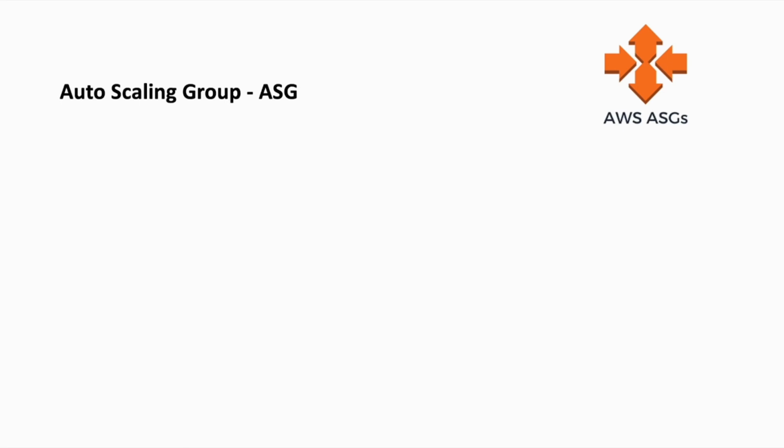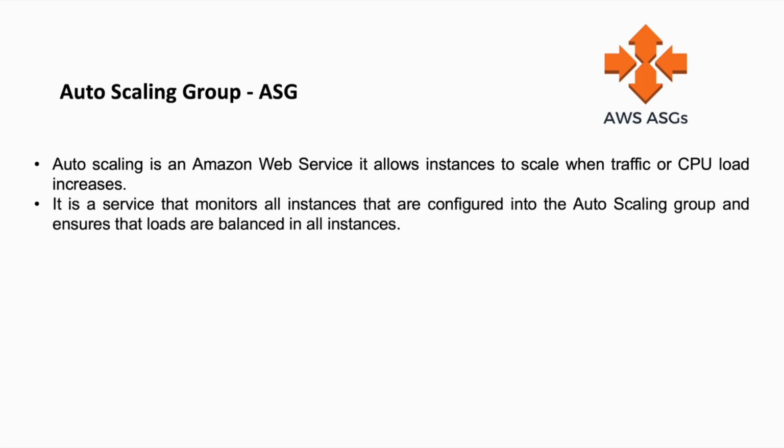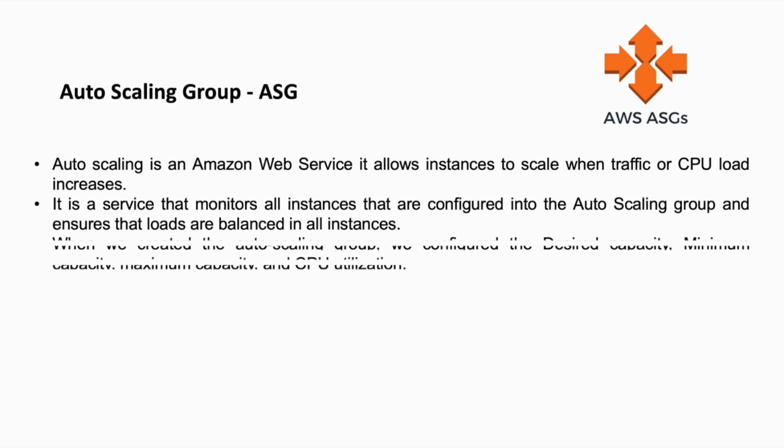Once an instance gets deleted, let's discuss what exactly an auto scaling group is. So auto scaling is an Amazon web service. It allows instances to scale when traffic or CPU load increases. It is a service that monitors all instances that are configured into the auto scaling group and ensures that loads are balanced in all instances.